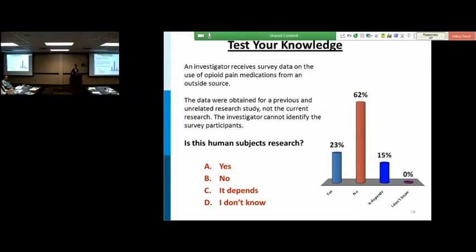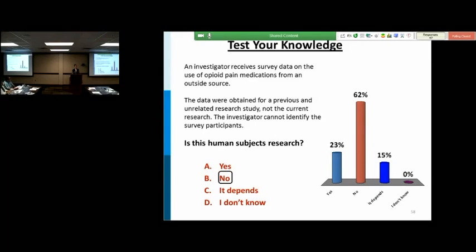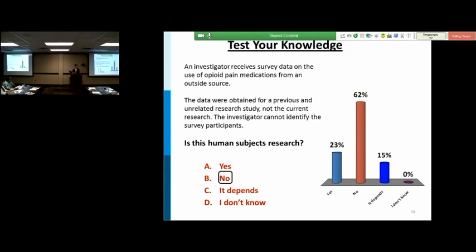Okay, so 62% of you said no. That's actually the case for this example. So if we think back to the definition of human subjects that we talked about, it's an interaction or intervention with a living individual. And in this case, these data were obtained for another unrelated study.